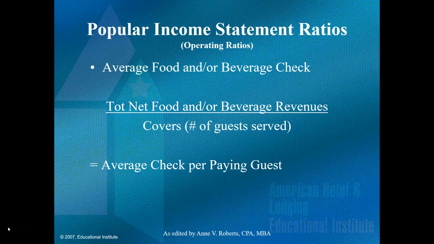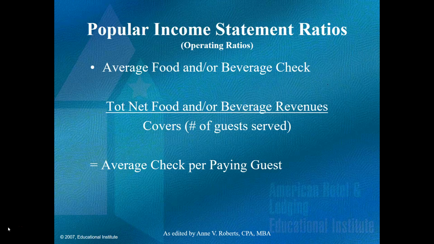We can do total net food revenues divided by the number of food guests served, or we could take beverage revenues and divide that by number of beverage guests served, or we can combine them together and get a total food and beverage.